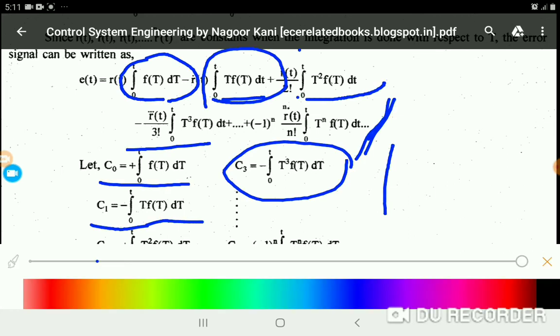Similarly, the nth derivative part is considered as cn. So we already have the r dot terms separately here and here.